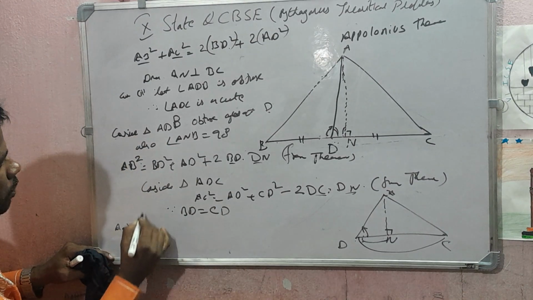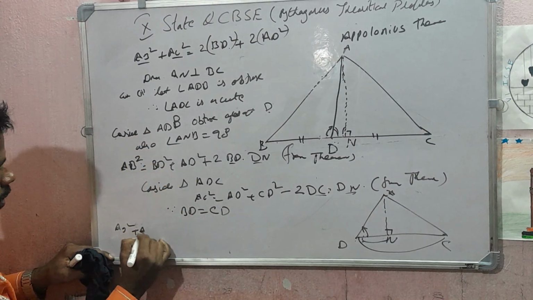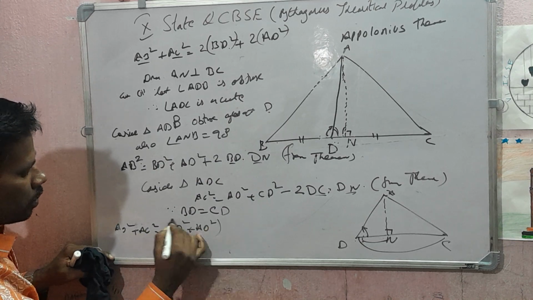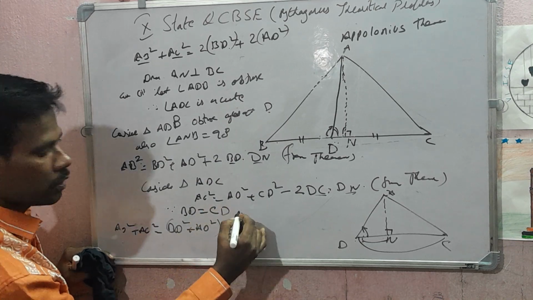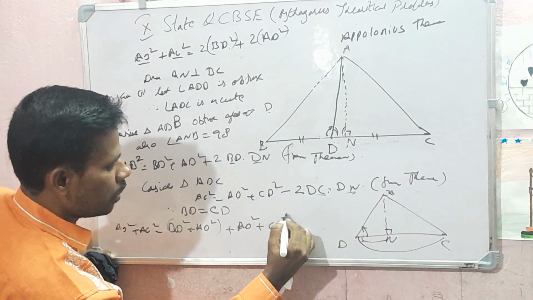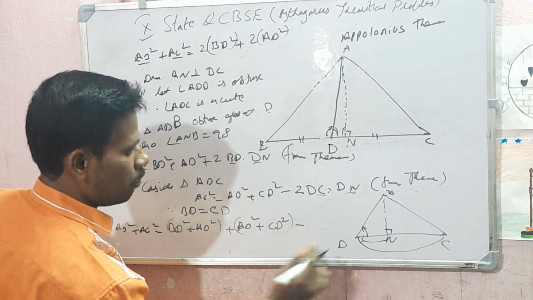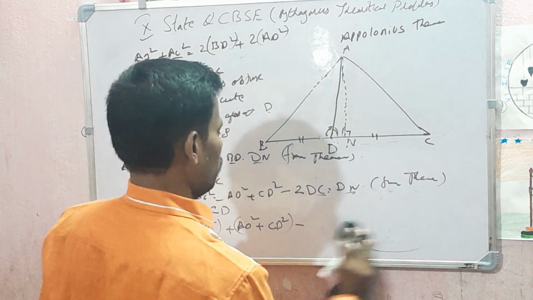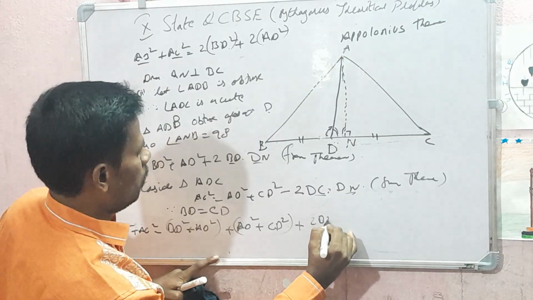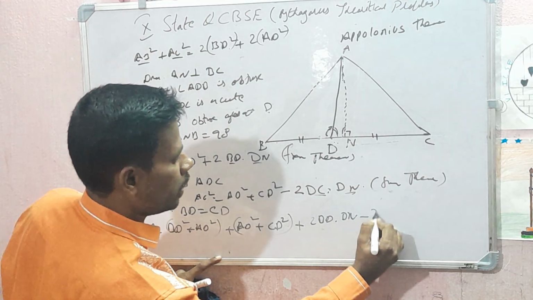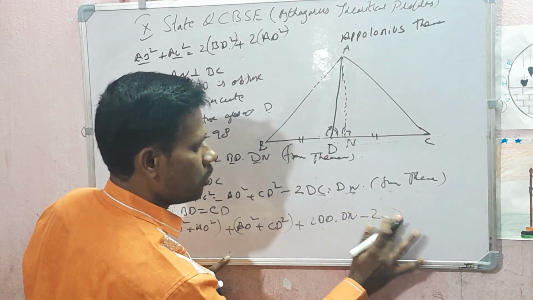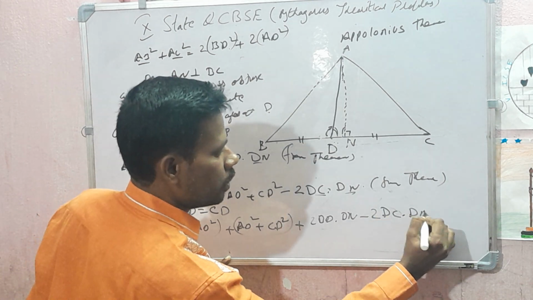So AB square plus AC square is equal to BD square plus AD square plus AD square plus CD square plus 2 times BD into DN minus 2 times DC into DN.